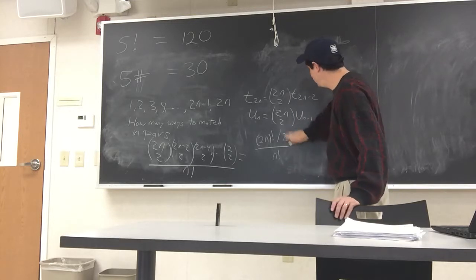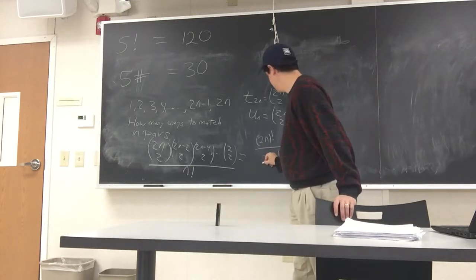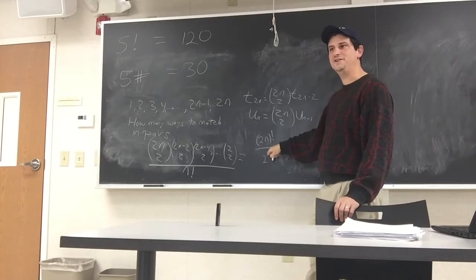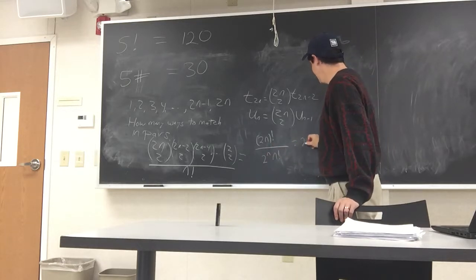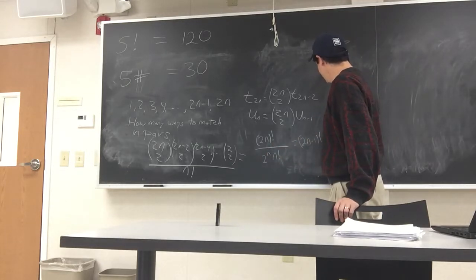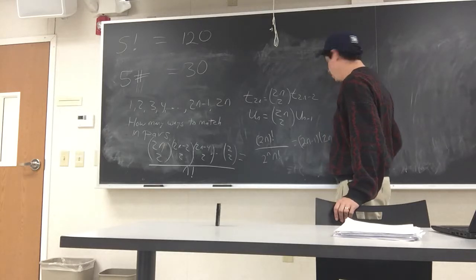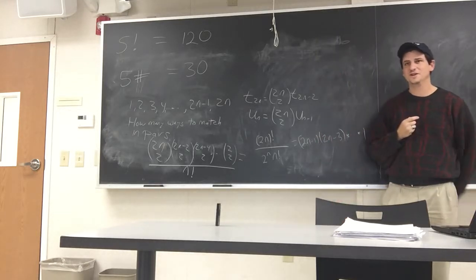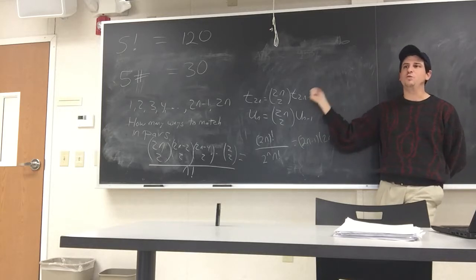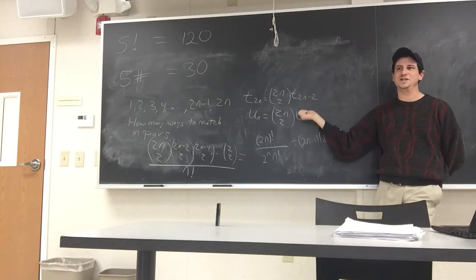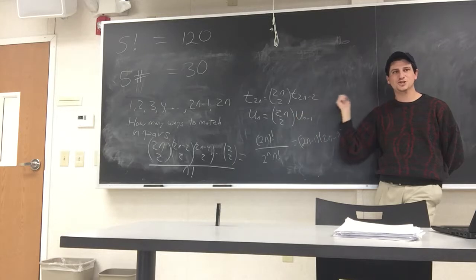Oh, well, if I put the 2 to the n downstairs, then this becomes all the even numbers. And I'm left with 2n minus 1, 2n minus 3, all the way down to 1. So the number of ways to match everybody in a pair is 2n minus 1 double factorial.